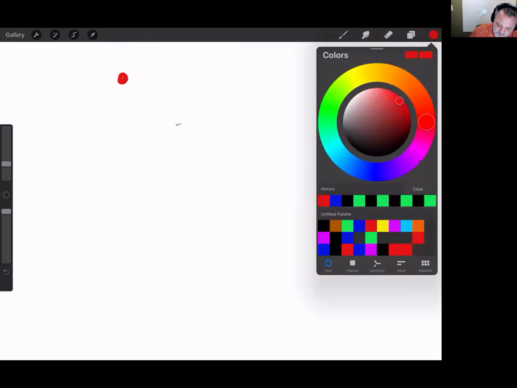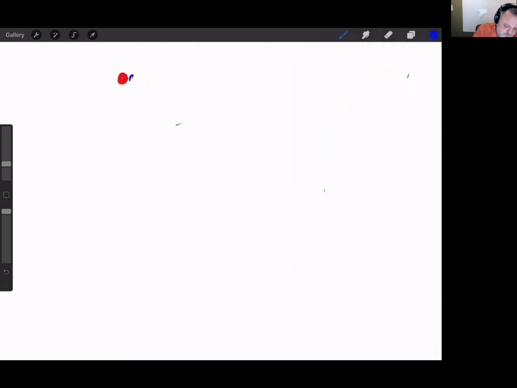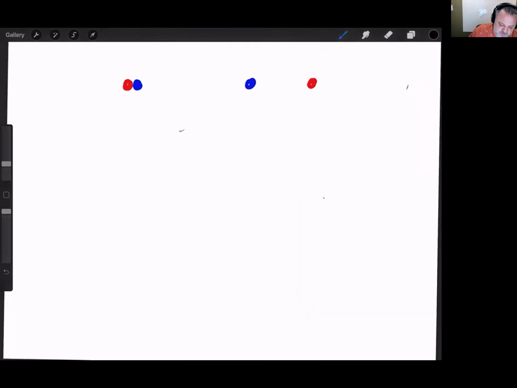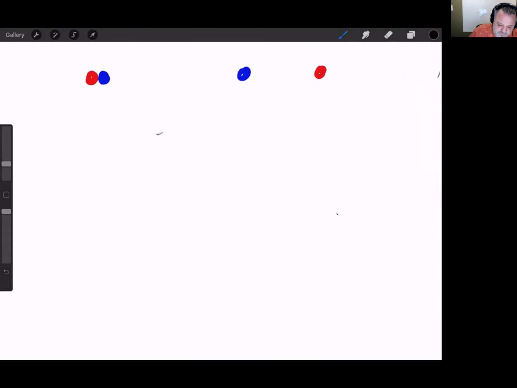Let's do the first one. This one's very simple. Let's take something like this. And I'm going to use my colored symbols to describe this one. This is decomposition.